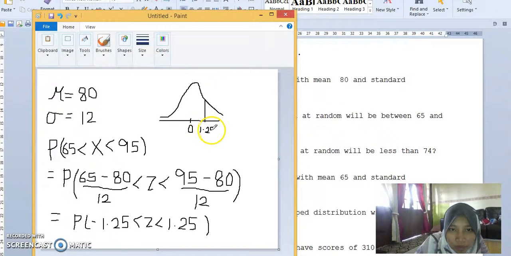So the positive value will be here, and a negative 1.25 would be having the same distance from 0. Okay, so this is negative 1.25. So the area that we are looking at is this area here.